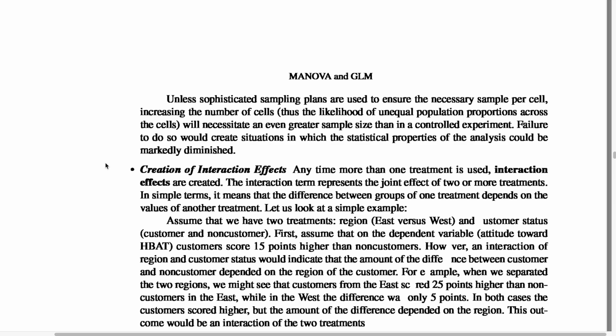However, an interaction with customer status would indicate that the amount of the difference between the customers differs across the two regions. We might see that customers from the east scored 25 higher than non-customers in the east, while in the west the difference is only 5 points. In both cases the customers scored higher, but the amount of the difference depends on the region. This outcome indicates an interaction of the two treatments.